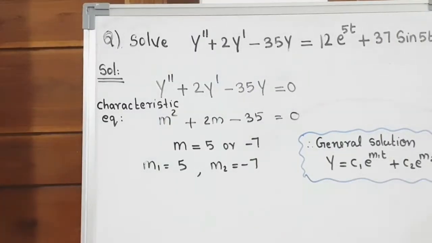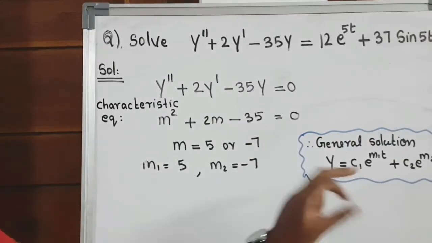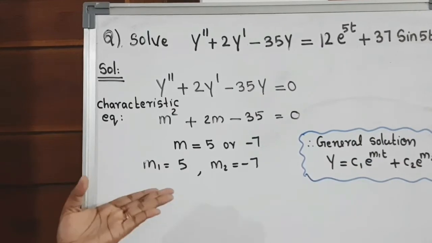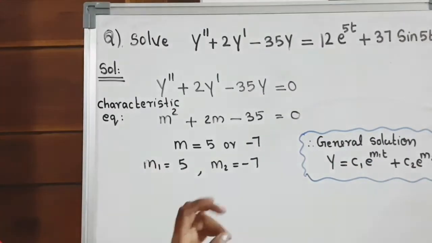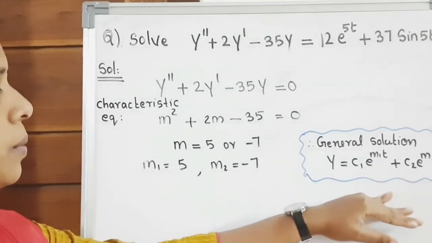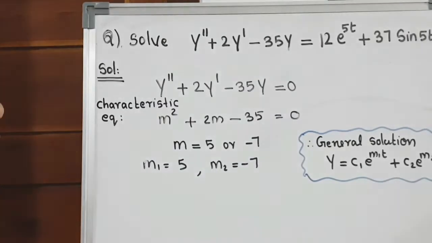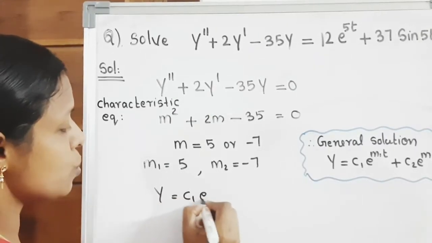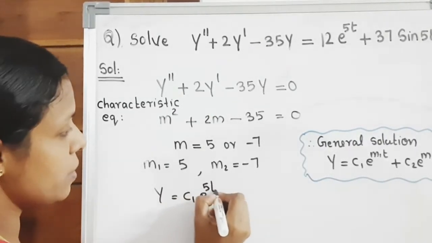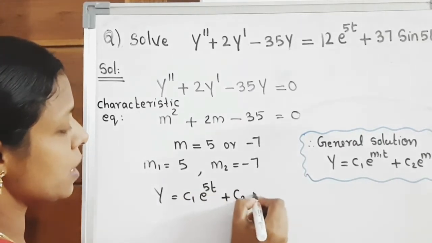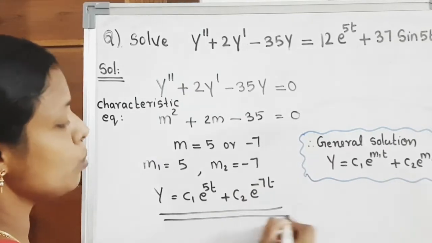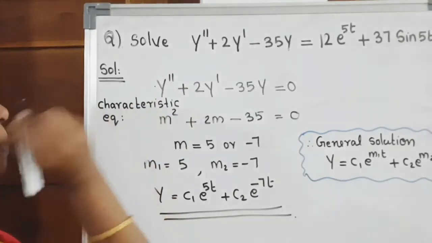Then the general solution is of the form y = c1 e^(m1 t) + c2 e^(m2 t). Substitute the value of m1 = 5 and m2 = -7 in this equation. We require the general solution of the homogeneous part, that is y = c1 e^(5t) + c2 e^(-7t).